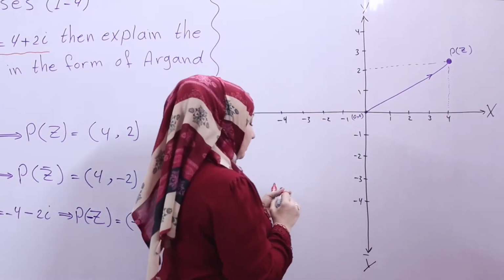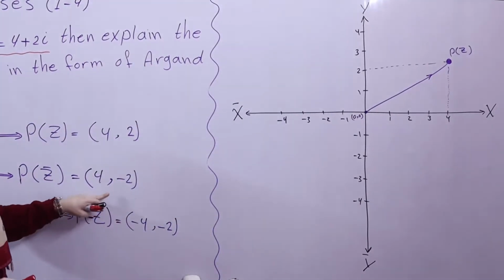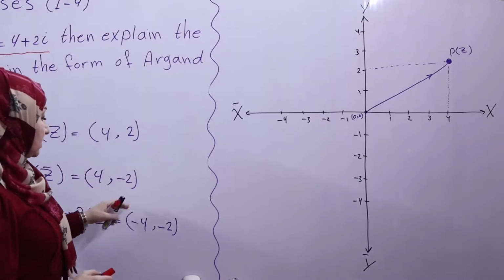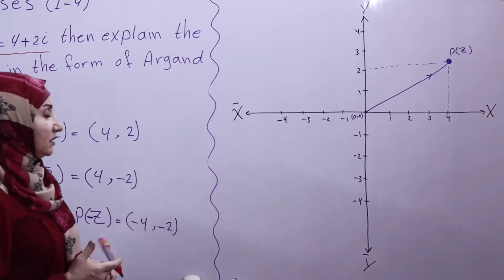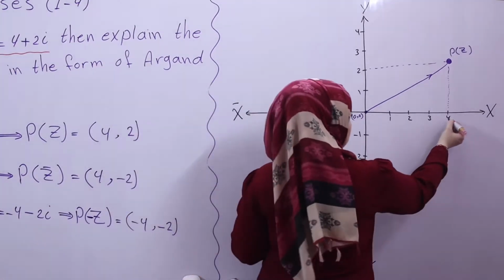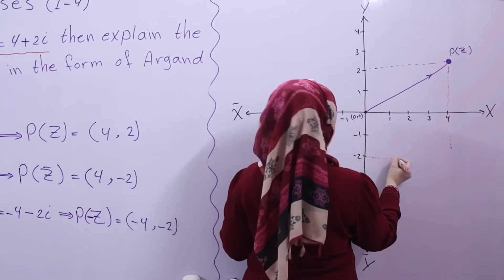And now the second complex number which we want to represent is the conjugate of z, whose ordered pair is (4, negative 2). So the x coordinate is 4 and the y coordinate is negative 2.